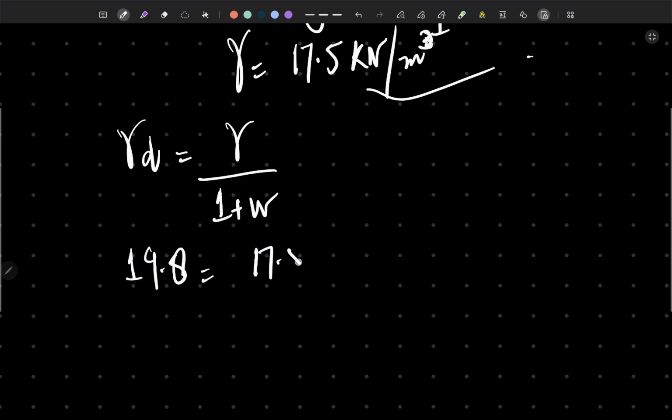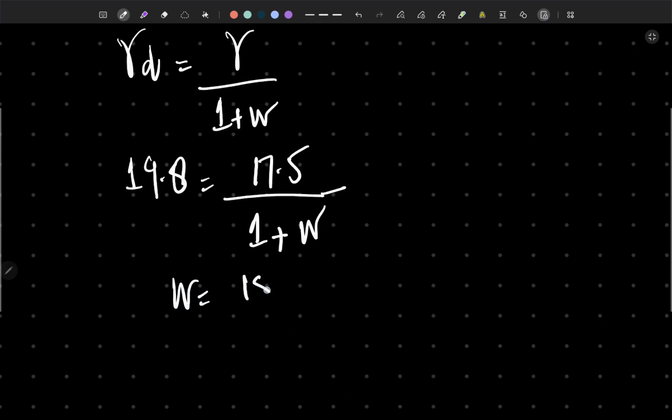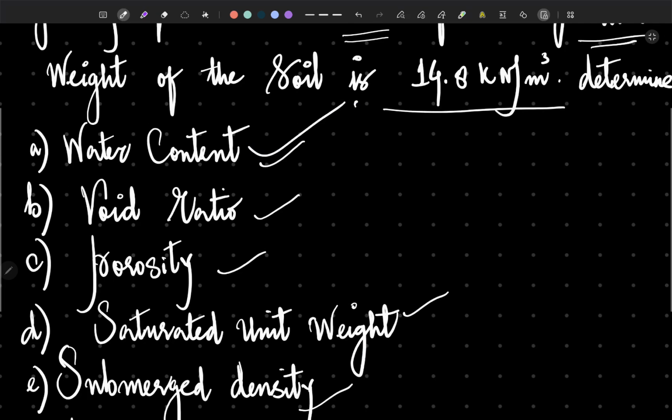Bulk is 17.5. Water content will be found by this equation, and it is equal to 18.2%. So the first part of the question is complete. We found the value of water content, which came equivalent to 18.2%.